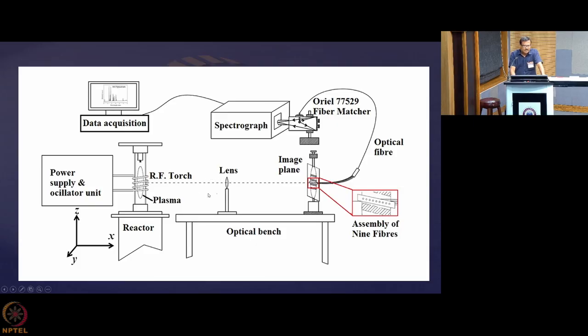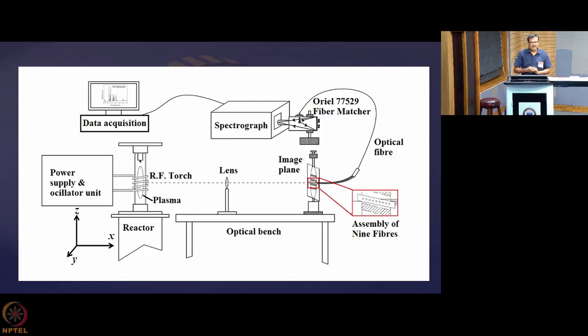As I told you about the measurement technique, this is the optical bench, and this is 2f, and this is 2f. An inverted image is formed over here, and here you have put a series of fibers. There are many fibers placed over the range where the image is formed, and simultaneously all these fibers collect the intensity.